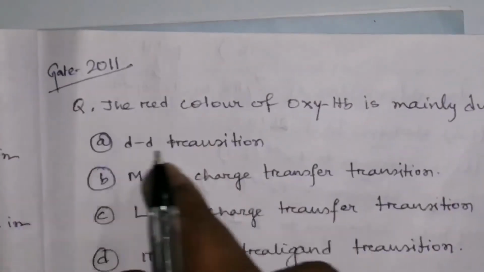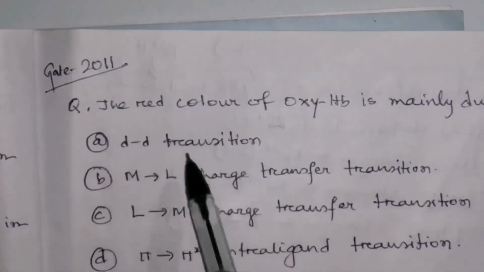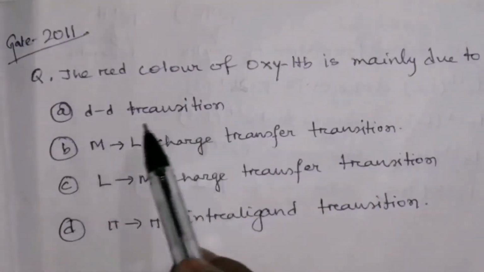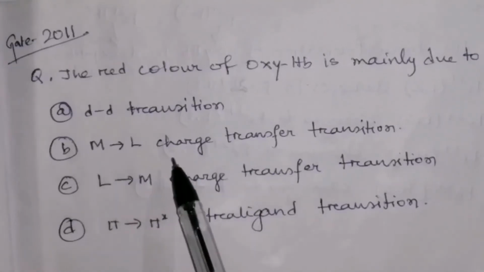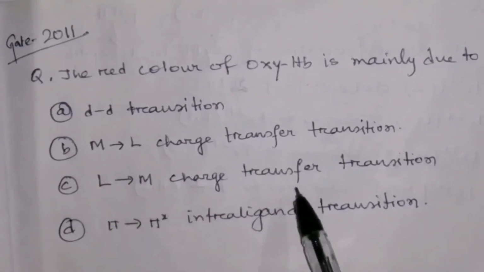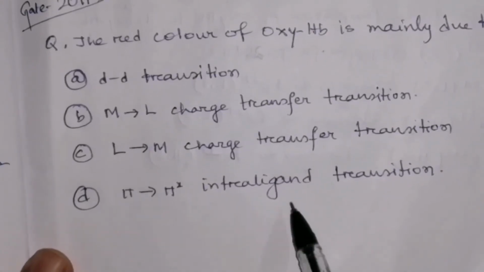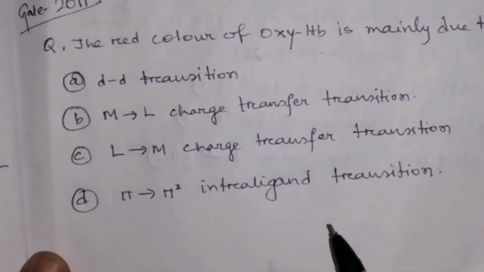This is another question. It says that the red color of oxyhemoglobin is mainly due to d-d transition, metal to ligand charge transfer, ligand to metal charge transfer, or the last one is pi to pi star intraligand transition.